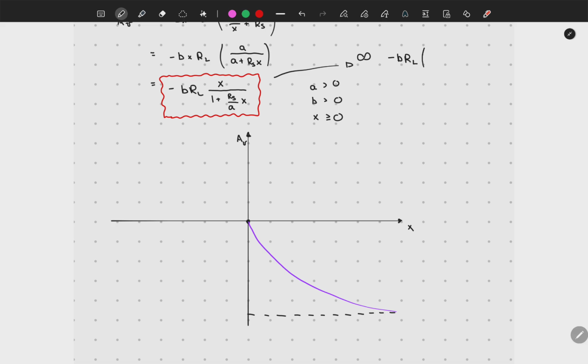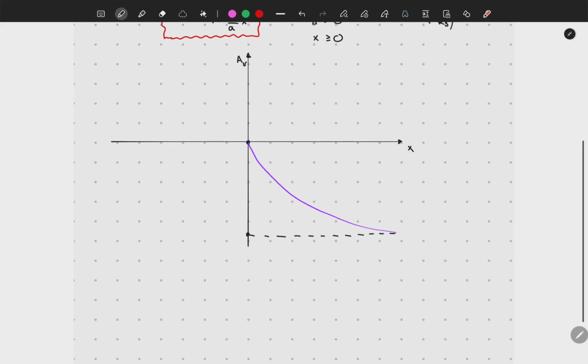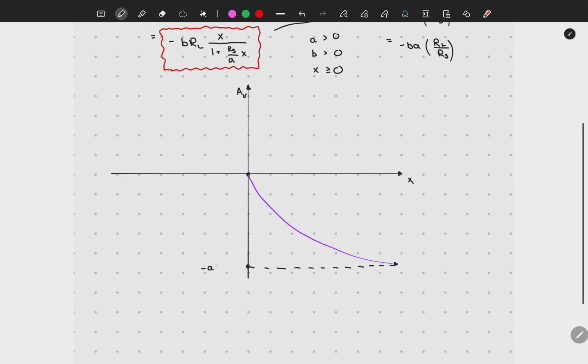The two X's cancel out, so we get A over RS, which just gives us negative BA RL over RS. So on the plot, that would look something like this, continuing, and this point is negative AB RL over RS.